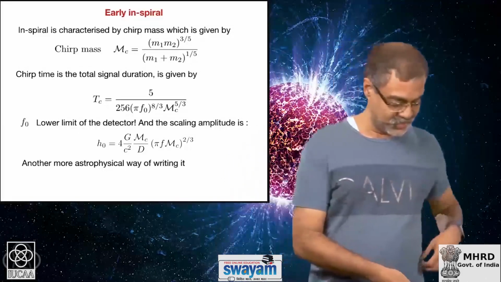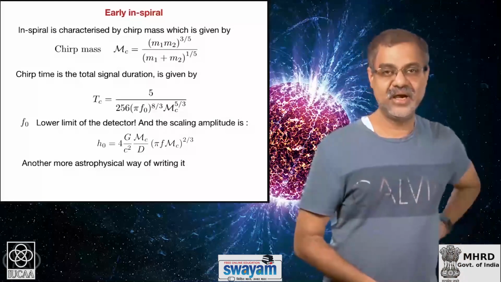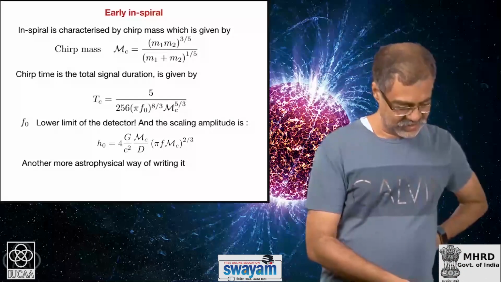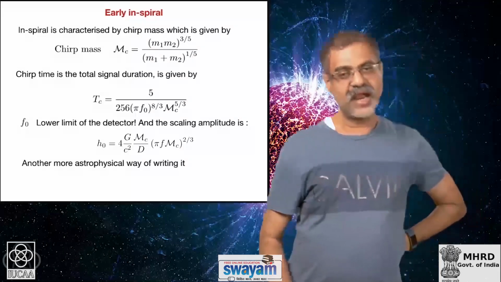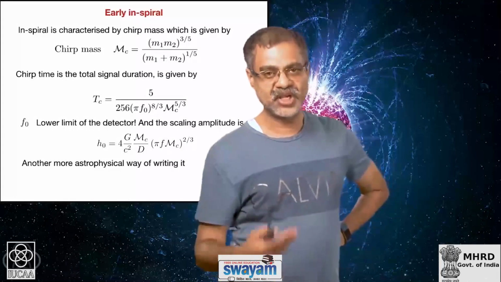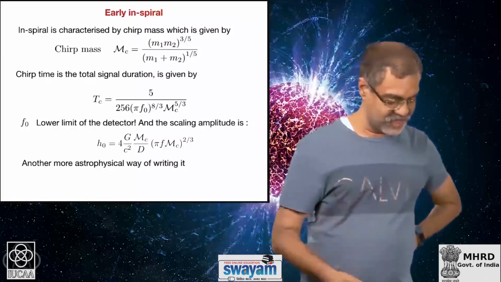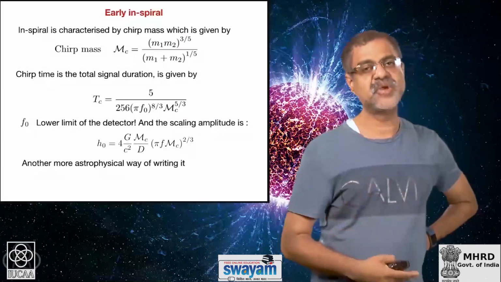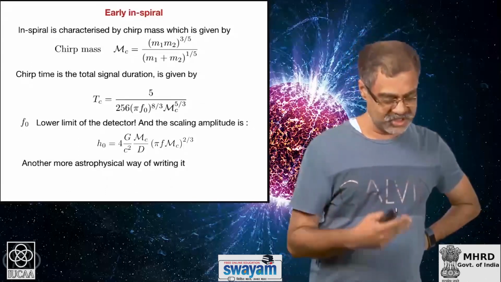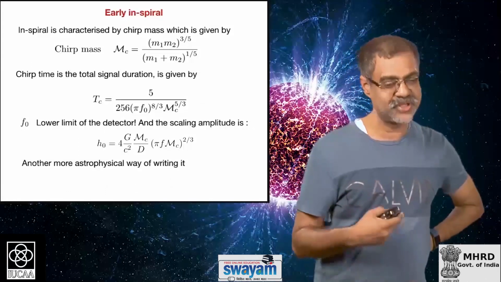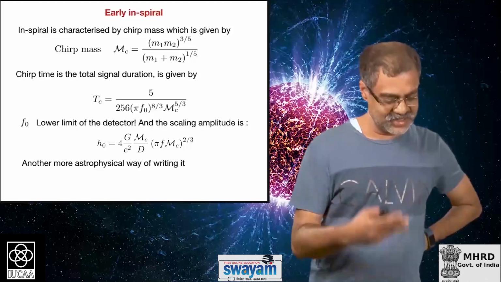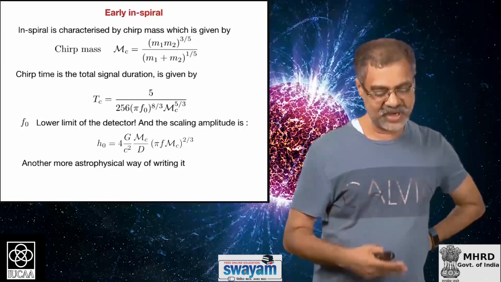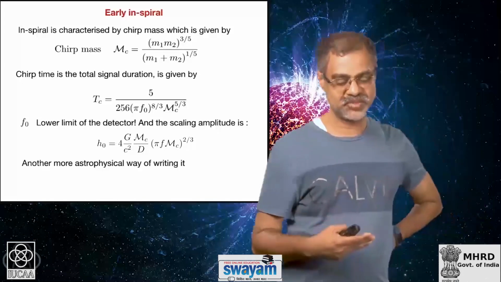And also you can express the amplitude, which depends on the chirp mass and the distance to the source and the frequency at which you are observing. These expressions can be obtained based on the Newtonian approximation, and some correction to that, what you call the post-Newtonian approximation.